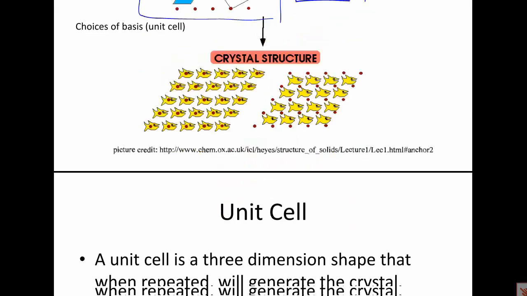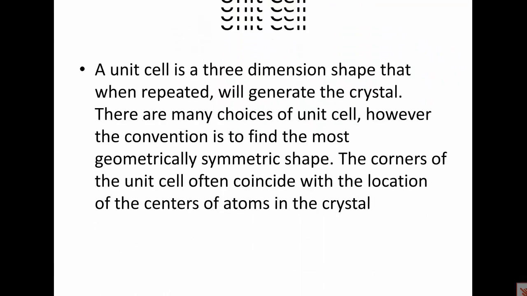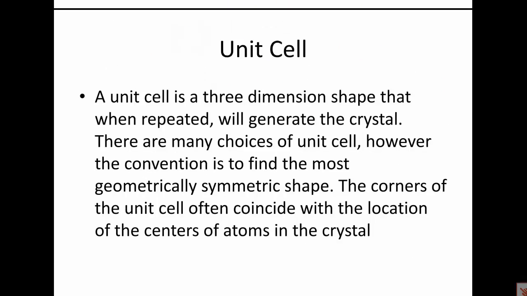How do we describe lattice points? We use a unit cell, and a unit cell is a three-dimensional shape that when repeated will generate the crystal. The unit cell is chosen to reflect the geometry and symmetry of the shape.